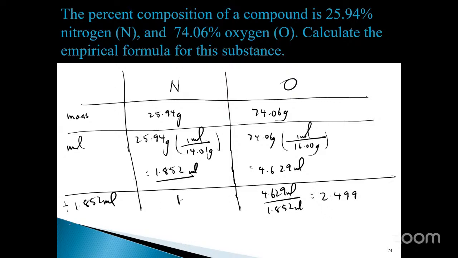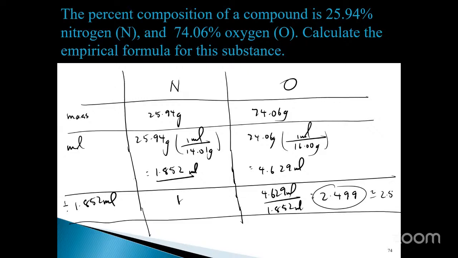What you'd have to do in the next step, and that's the difference between this example and the previous one, is that you have to multiply these numbers by a certain integer to convert, especially this number, into an integer. So the question now becomes, what do you multiply through by? And the hint lies in the fact that this is approximately 2.5, right?